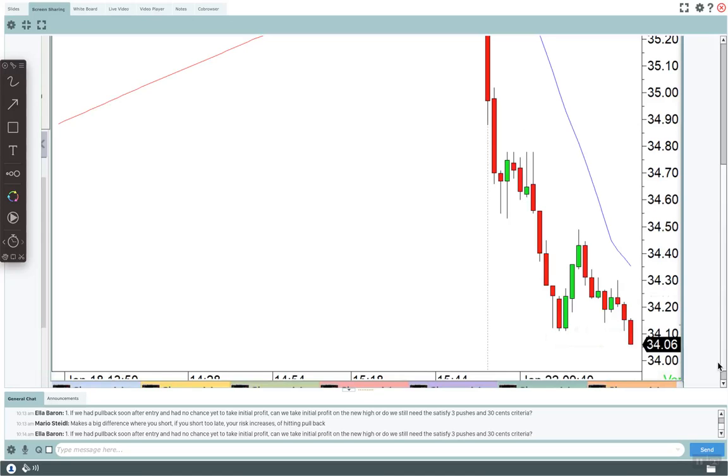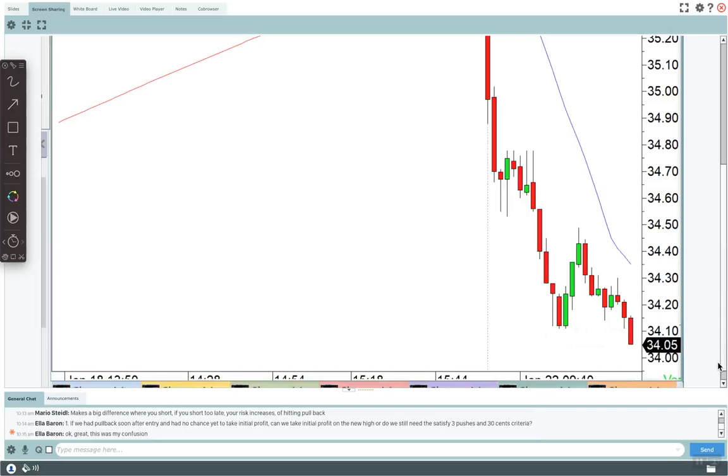The three push rule applies in the scenario where you go straight up with no pullback. But once you get a pullback, you move from the three push rule to the new high rule, and the three push rule is gone forever for that day. You got it?